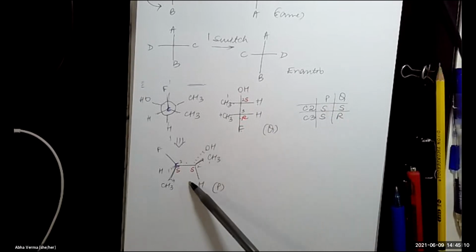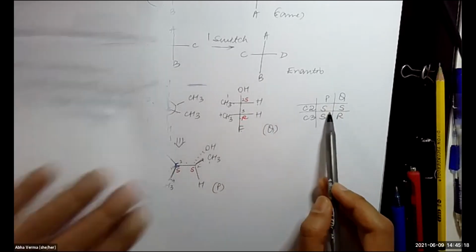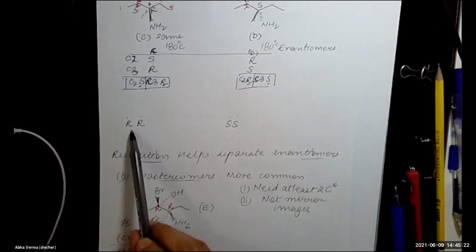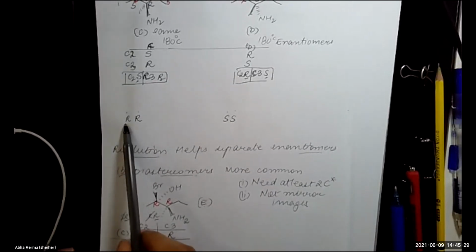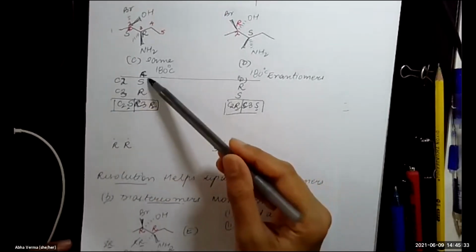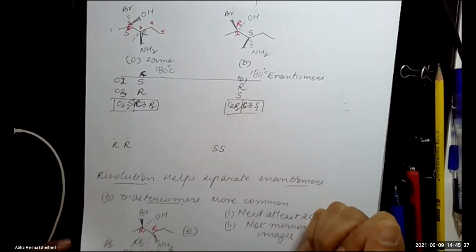They will not be enantiomers. If they were enantiomers, you must see a completely opposite combination. So for every SS enantiomeric pair, there has to be an RR structure. For every SR pair, there has to be an RS kind of a pair.